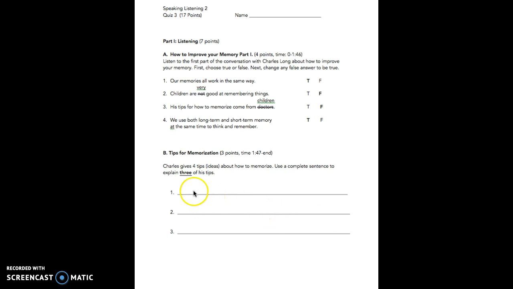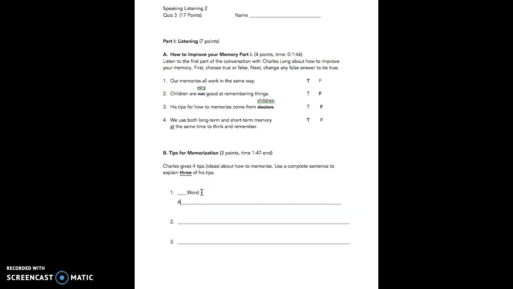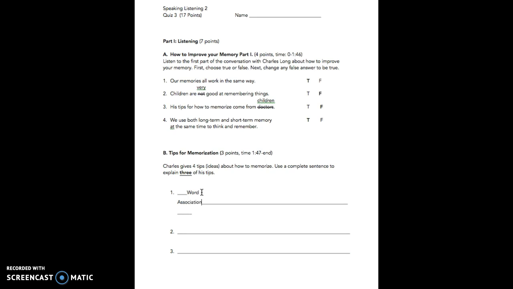All right, this is the hardest one. So most people chose to skip it, and I think that's a good choice. But if you wanted to answer this tip, you said association, or you could also say word association. You don't have to use that word if you didn't understand how to spell it, but the important thing is to understand what it is.